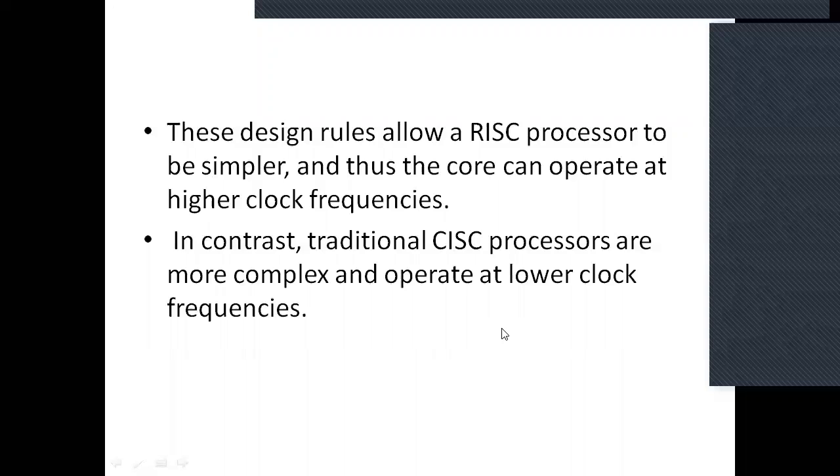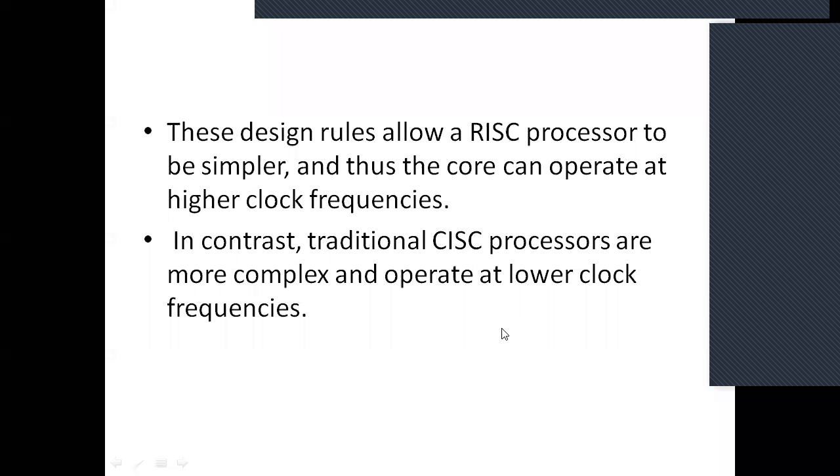There are separate instructions that load data from memory into the register and from register to memory. So the complexity of the processor becomes simple, and because of that you can operate the RISC system at a higher clock frequency. The hardware complexity is very low in a RISC system.